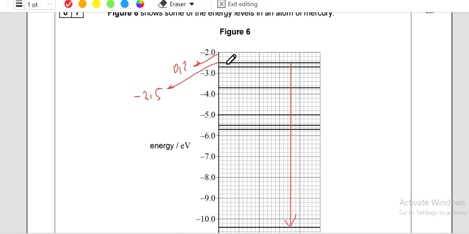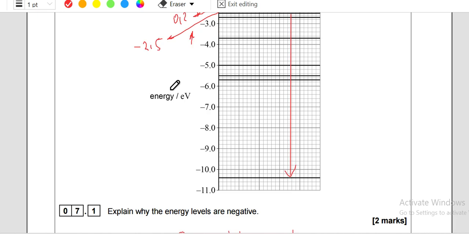Okay, and here is -2.6, here is -2.4, all in minus certainly, so still this value is read from up to down or from down to up would be -2.5.